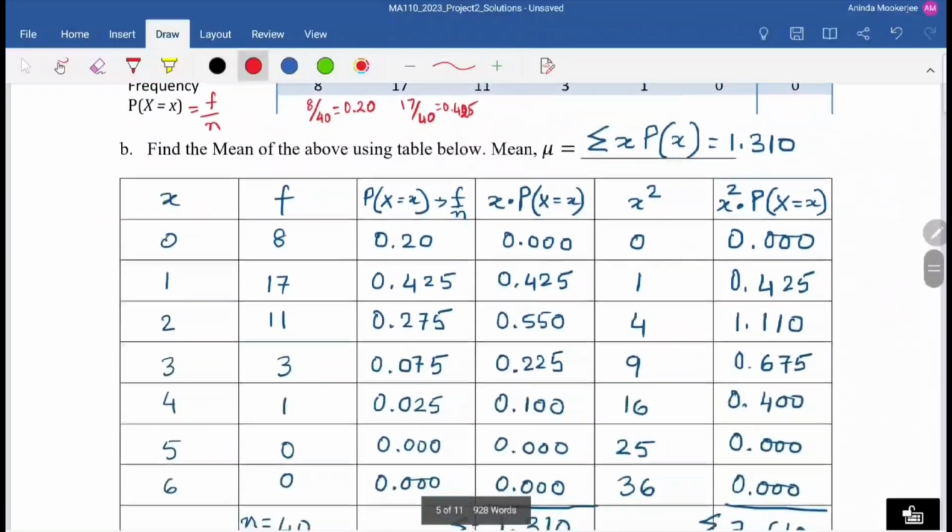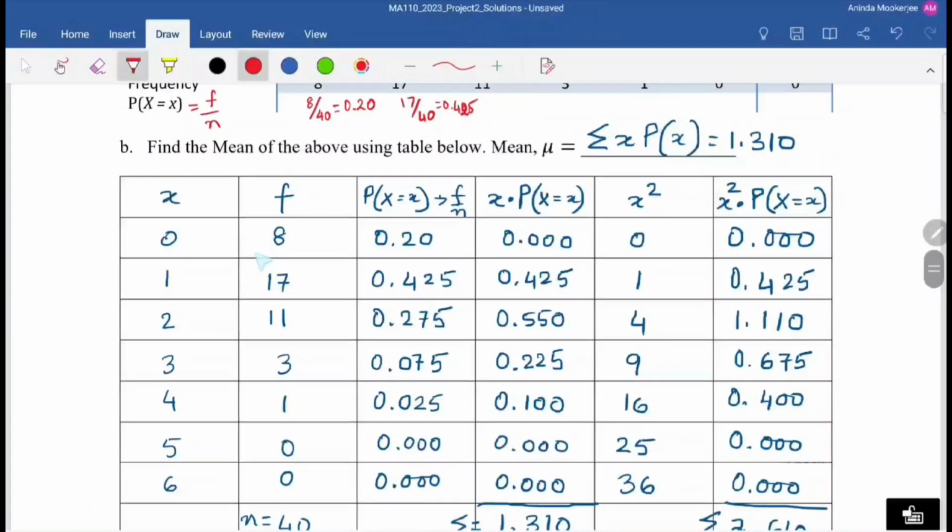So let's go through this table, which I will provide you for the test, but you have to fill it up. You have to know what steps to go about to find the mean. So in the first column, I've listed all the x values. So 0, 1, 2, 3, 4, 5, 6.